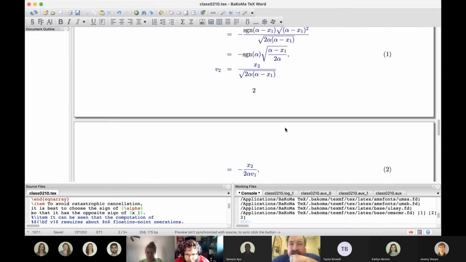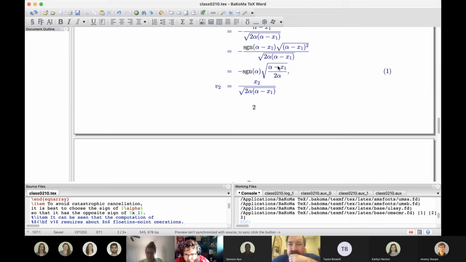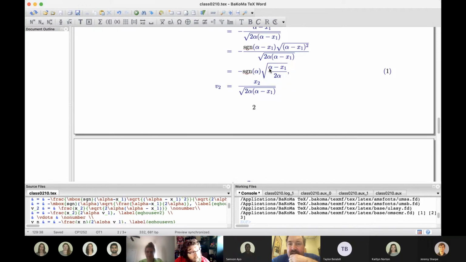If we look back here, we have alpha minus x1. So suppose we choose the sign of alpha so that this is an addition rather than a subtraction. If x1 is positive, choose alpha to be minus the 2 norm of x, because that way we have 2 negative numbers being added.